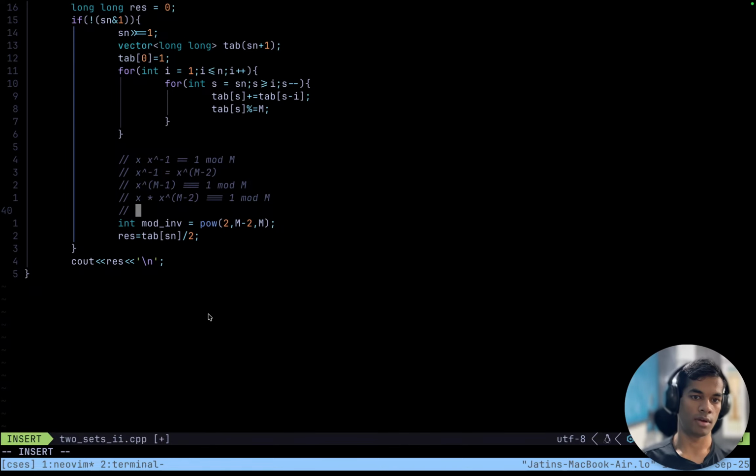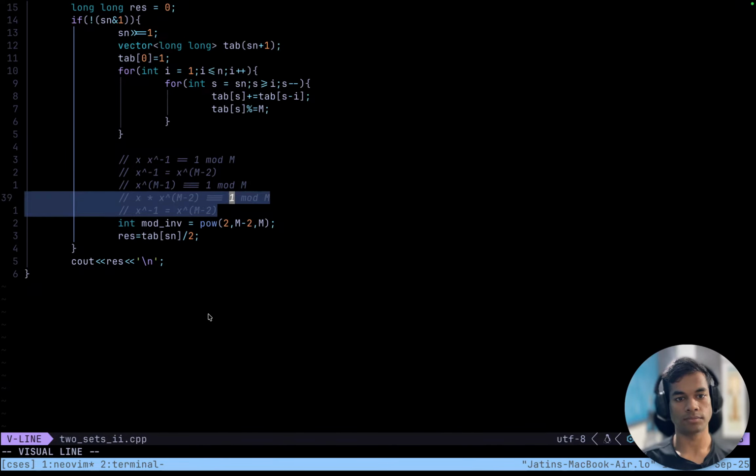Then if you multiply x by this number, we get 1 mod m. Therefore, x modular inverse is going to be x raised to the power of m minus 2. And that is what we are doing here.